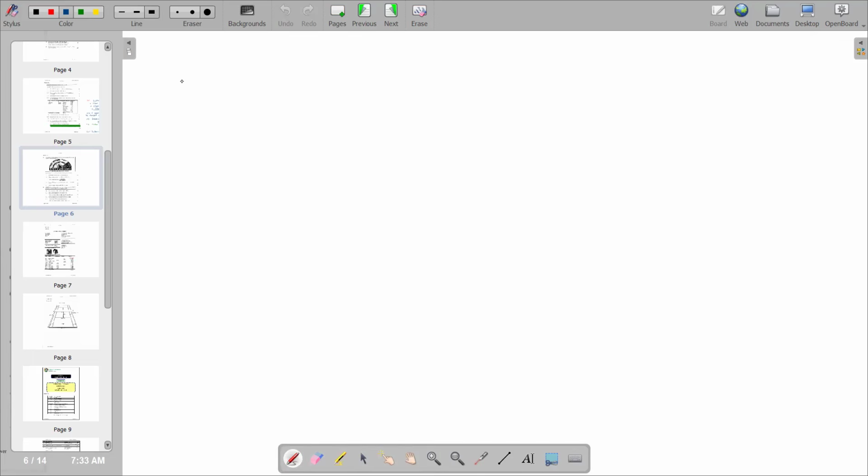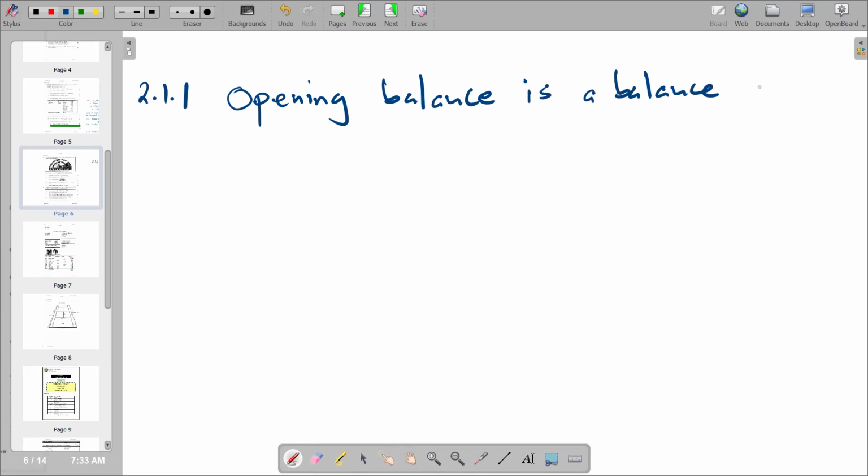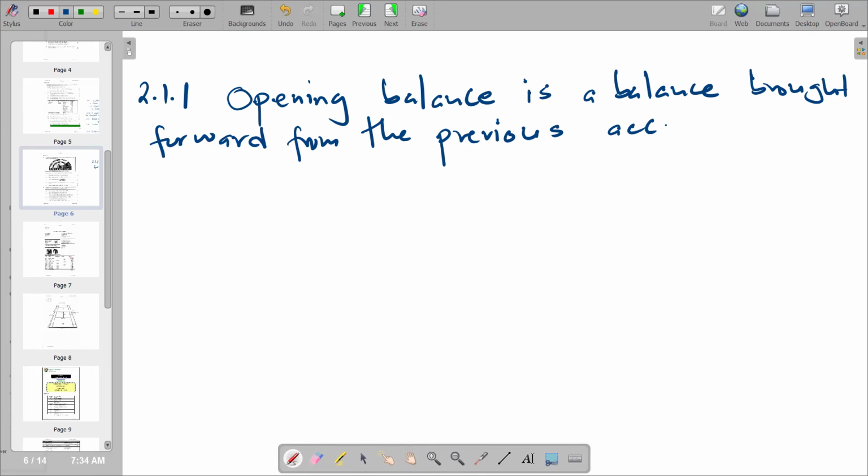The closing balance at the end of the previous period becomes the opening balance in the current period. So we write 2.1.1: opening balance is the balance brought forward from the previous accounting period. That's the explanation of opening balance.